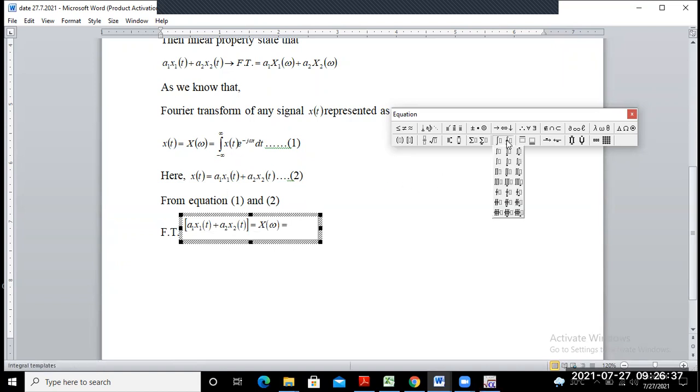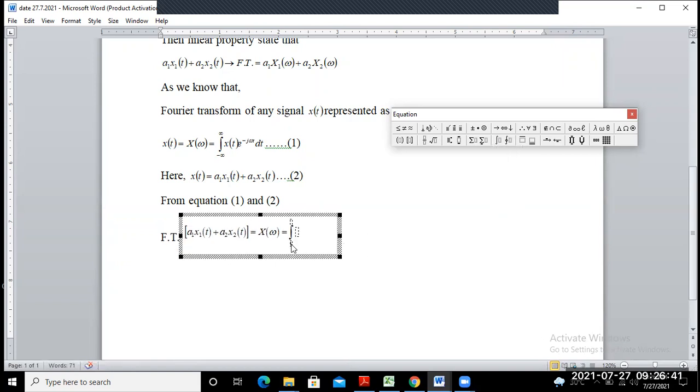So the integration from minus infinity to infinity of a1 x1(t) plus a2 x2(t).